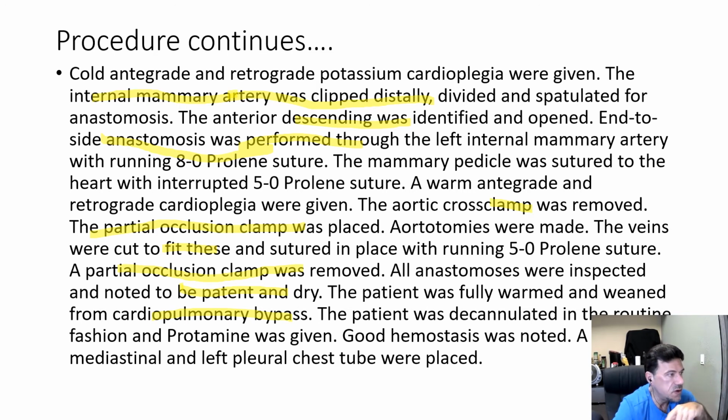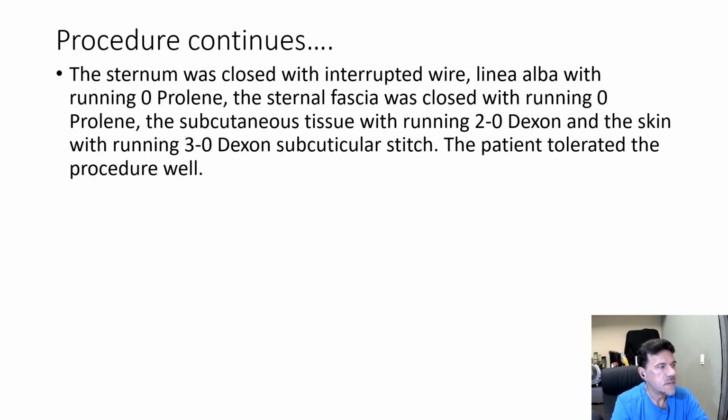The procedure continues. This is the end of the procedure. The sternum was closed with interrupted wire. They use wire, not sutures, to close the sternum, to approximate the bone. The linea alba was closed with running proline, and the sternal fascia was closed.